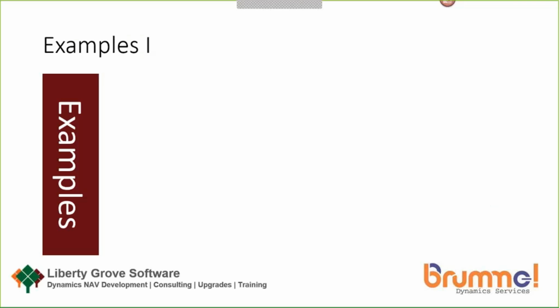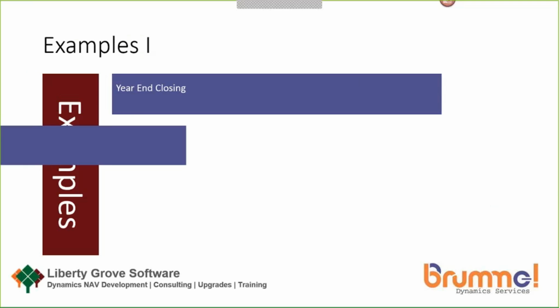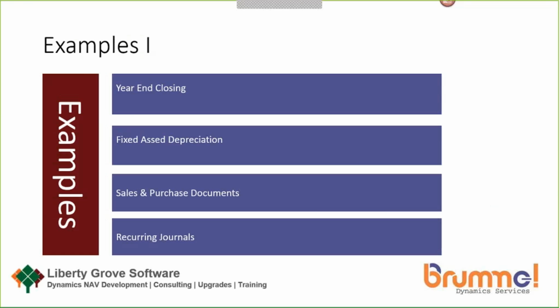So let's look at some examples in the application. Some of the examples have been in the application forever, such as year-end closing, fixed asset depreciation, sales and purchase documents, and recurring journals.